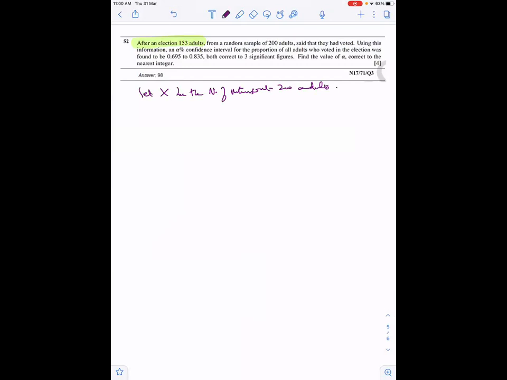Using the information, an alpha percentage confidence interval for the proportion of all adults who voted in the election was found to be this to this. This is the interval given to us. Both correct to the nearest integer.